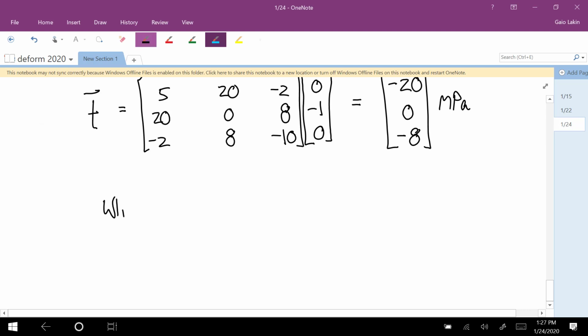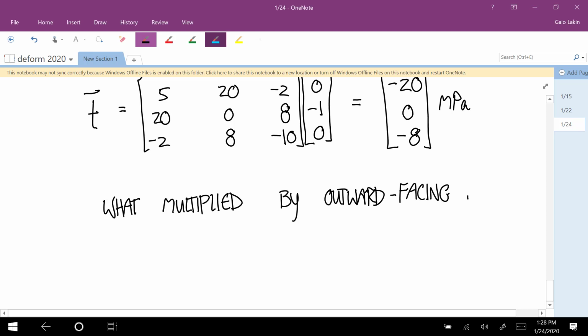So what if you multiplied by an outward-facing normal at some odd angle?